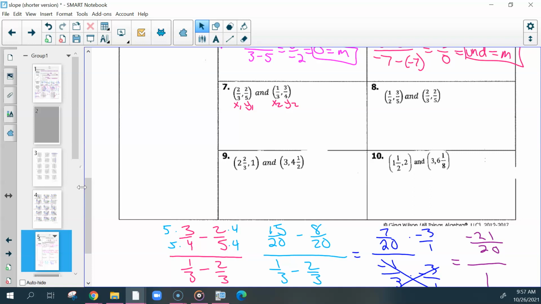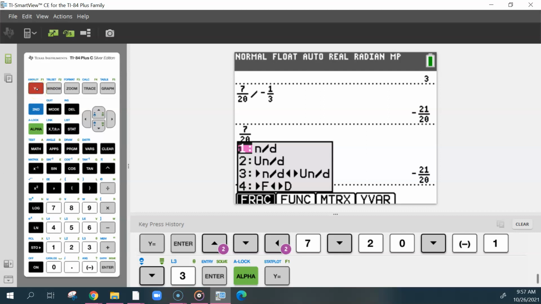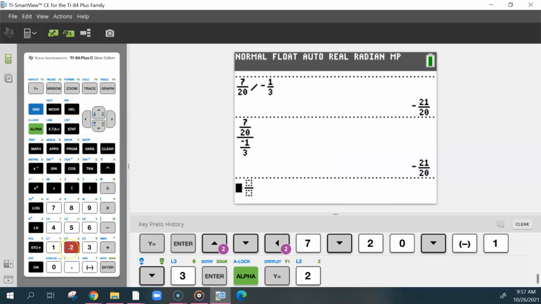9 and 10, some of them have mixed numbers. You would need to make those improper fractions first and then do this process. So that has an additional step. There is a button on your calculator that does that for you. If you hit alpha y equals, I want to say it's this one. Let's see.